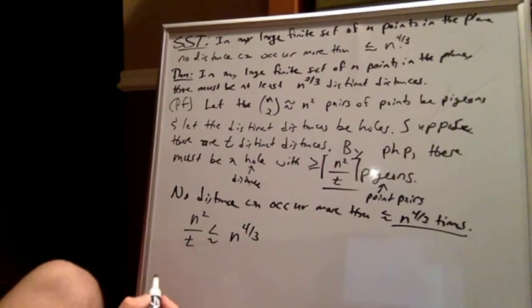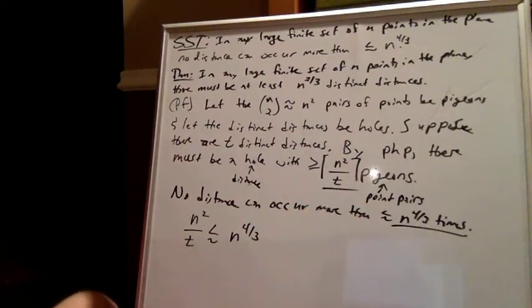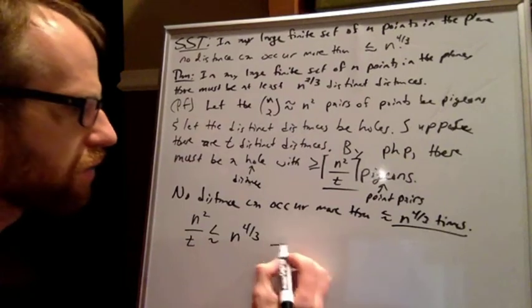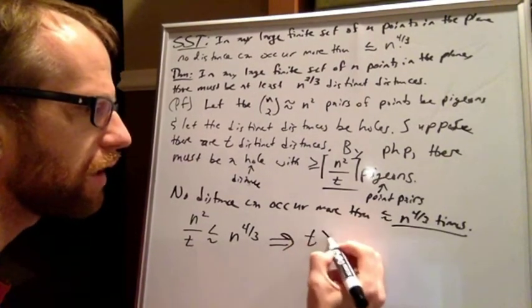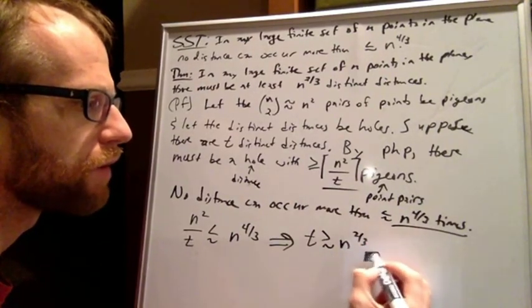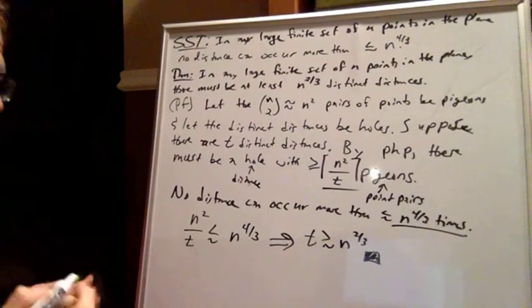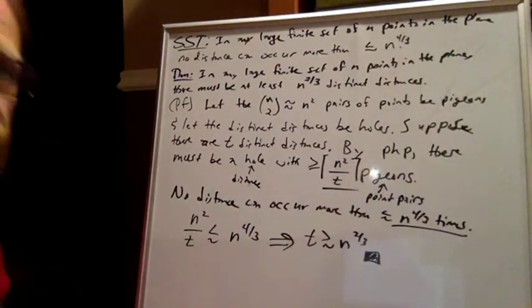So I'm saying that there must be a distance that occurs at least n squared over t times, but we know that no distance can occur more than n to the 4/3 times. So if I do the algebra here, I get that t is bounded below by n to the 2/3, as claimed. So this was just simple pigeonholing applied to the distinct distances problem using this estimate on the number of unit distances.